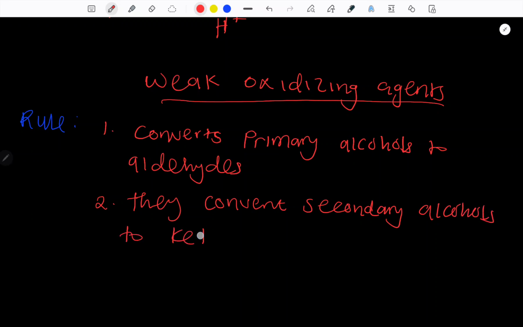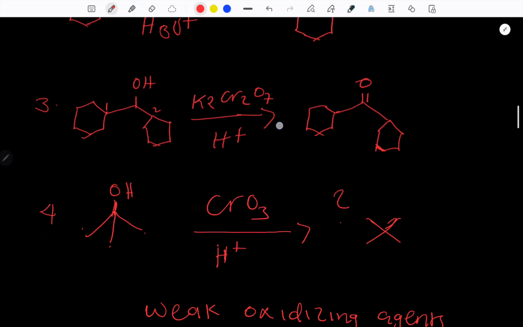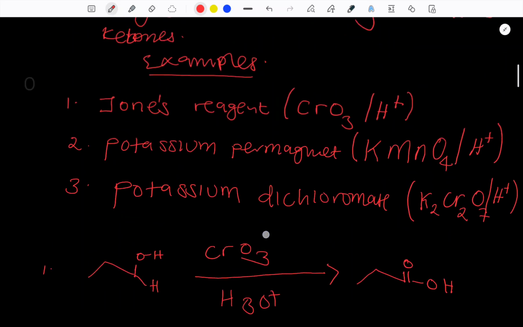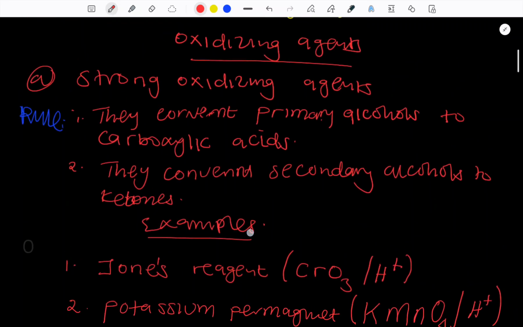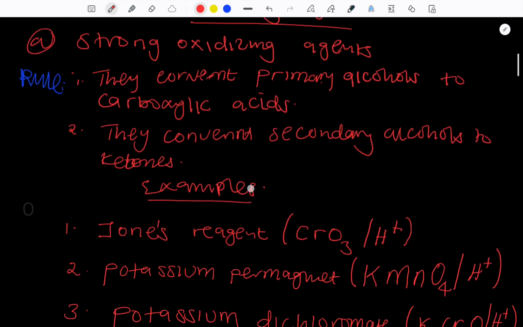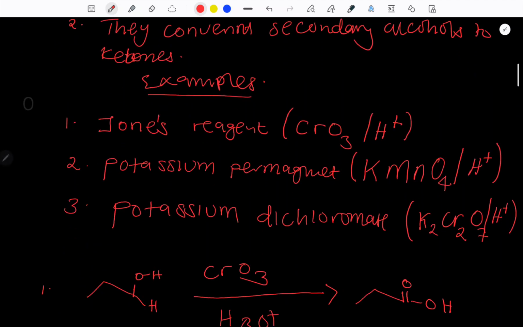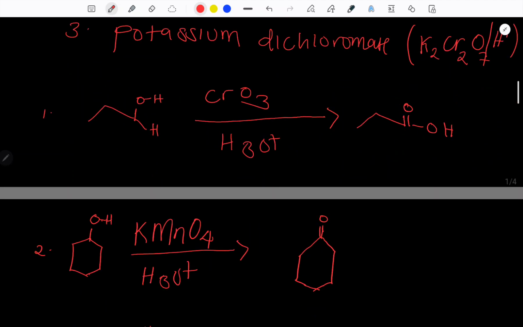They convert secondary alcohols to ketones. So if you check the second law and this other law here for strong oxidizing agent, it is one and the same.